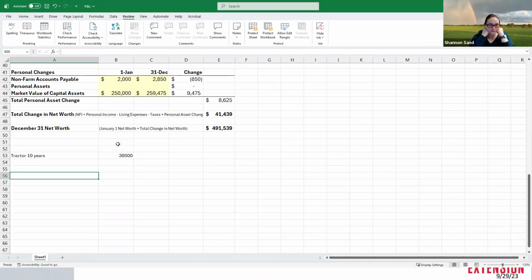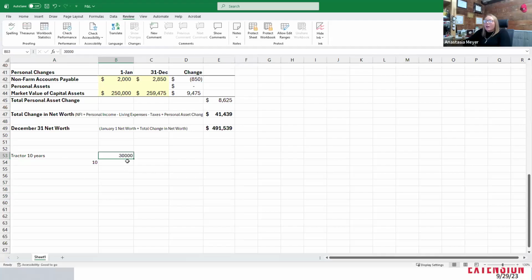So actually, I'm going to put that here. If I sold it after the 10 years, so if I sell it in 10 years, it's going to be worth, let's say, $15,000, depending on how hard you are on equipment.